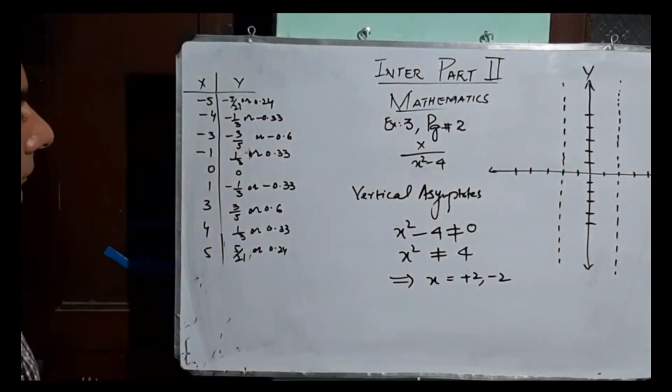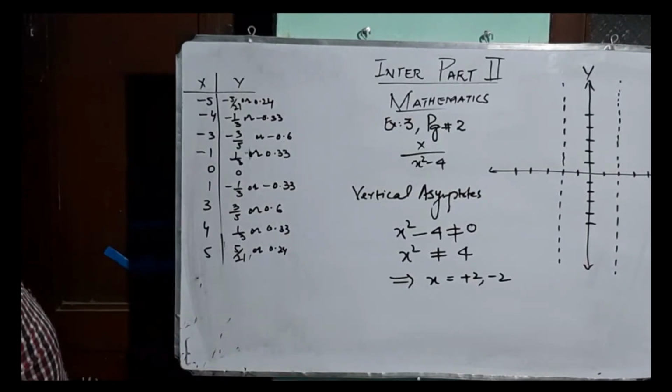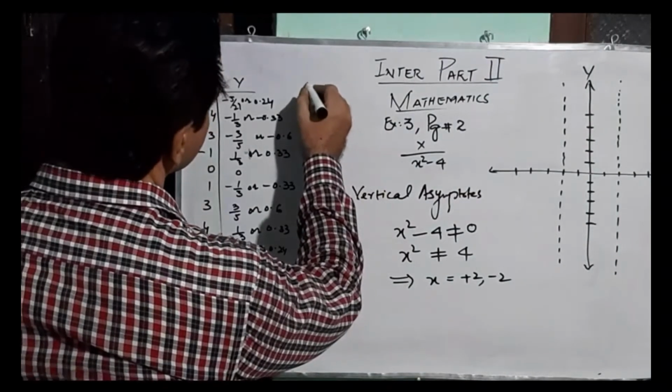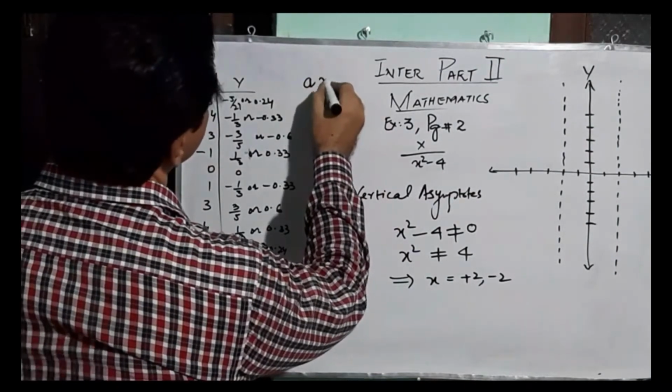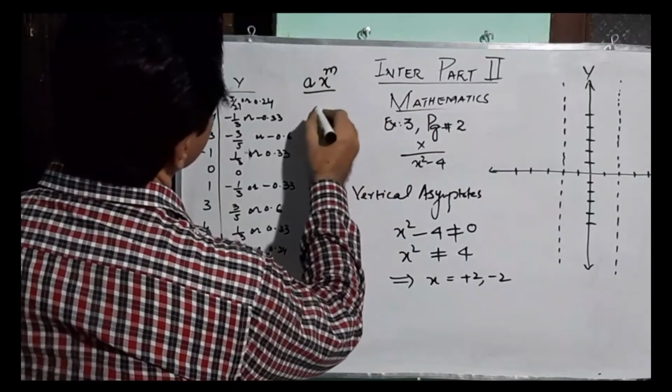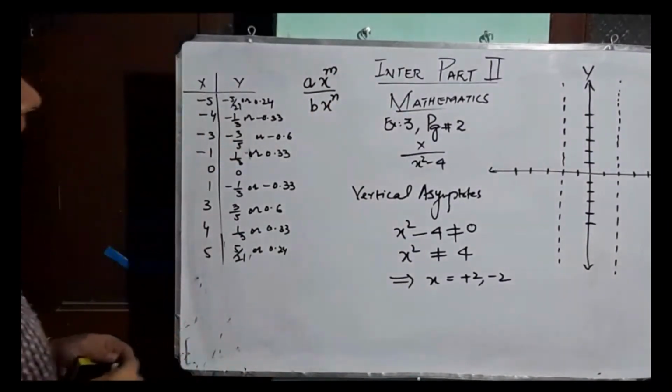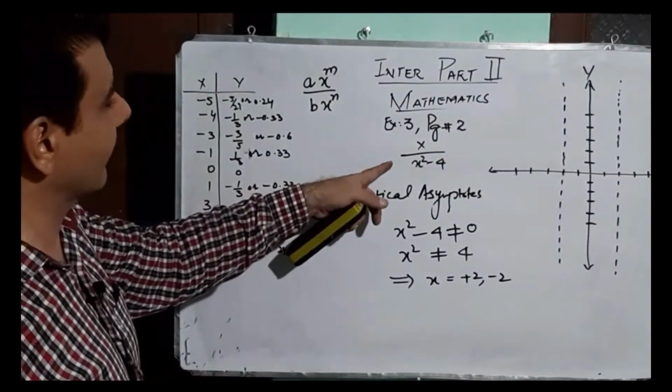For the horizontal asymptote, we will use the degrees, because it's a rational expression.